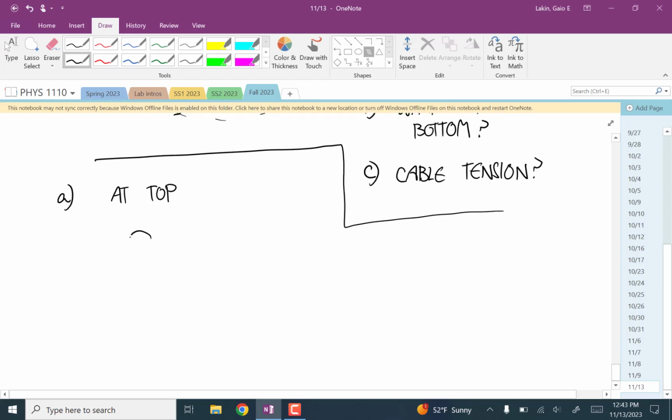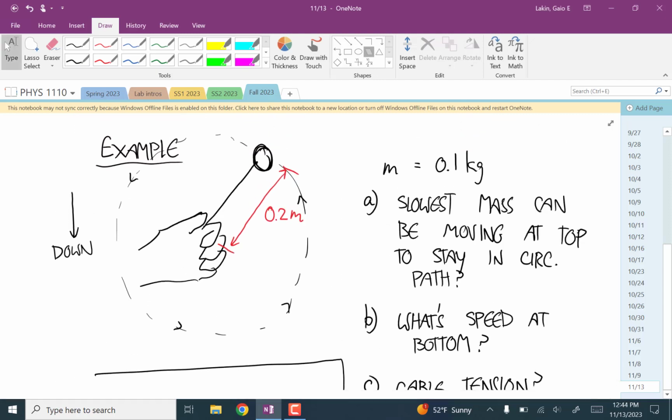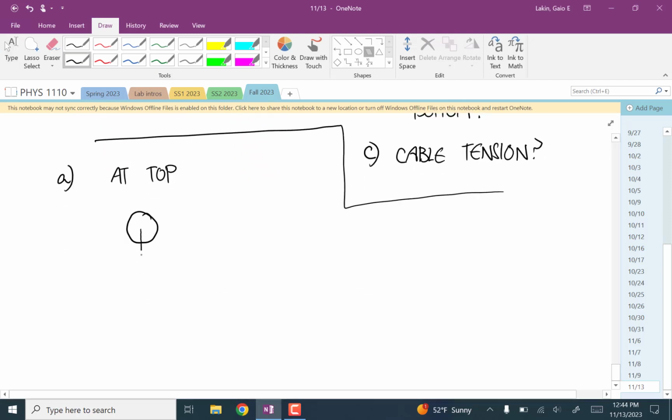And let's think about the free body diagram at the top. There's a weight force that's equal to 0.1 times 9.81, so 0.981. And then there's also a cable force.